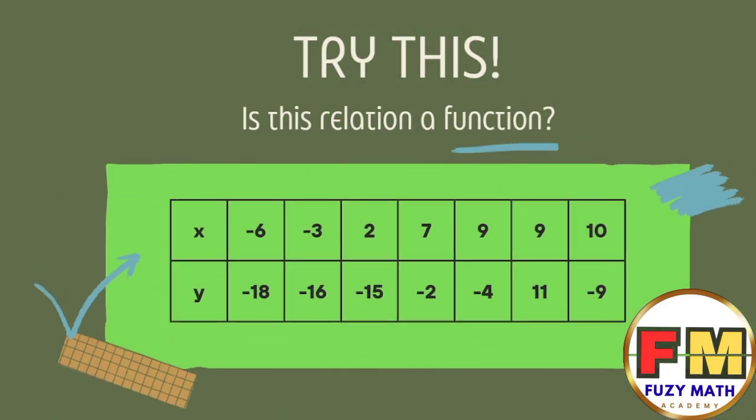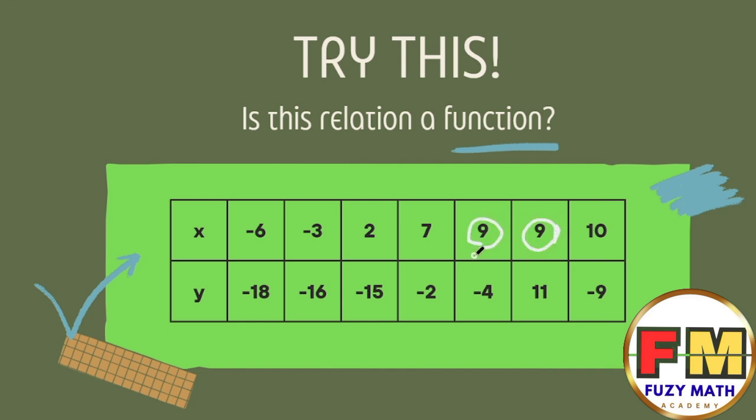Try this. Is this relation a function? Values of x and y are given: (-6, -18), (-3, -16), (2, -15), (7, -2), (9, -4), (9, 11), (10, -9).